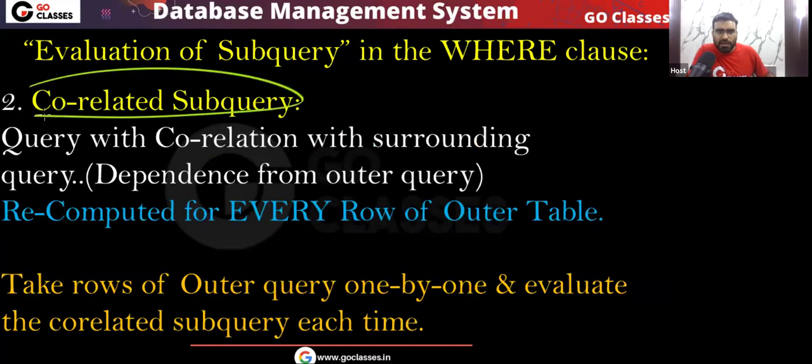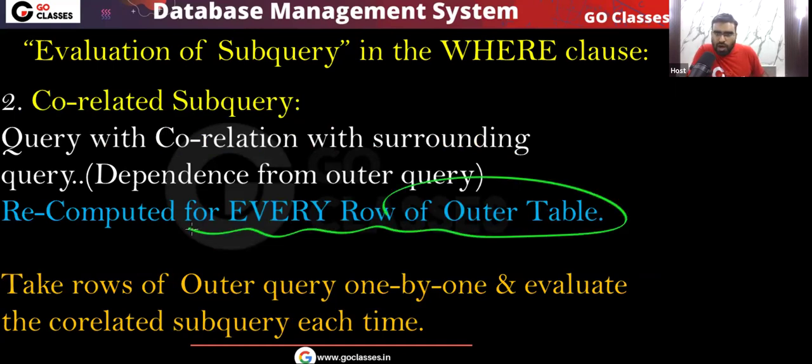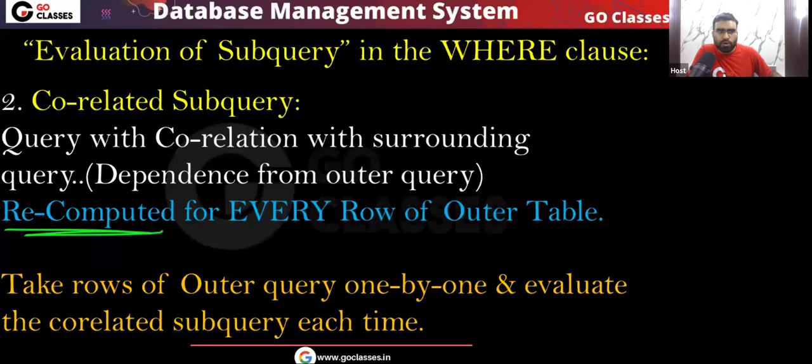Now let's see, if you have a correlated subquery, then what to do? For every row of the outer table, it will be recomputed.